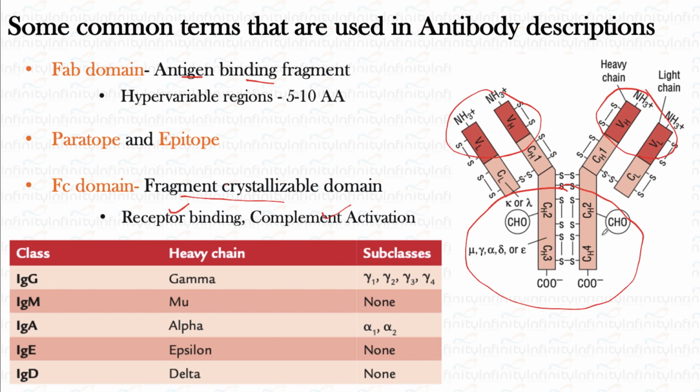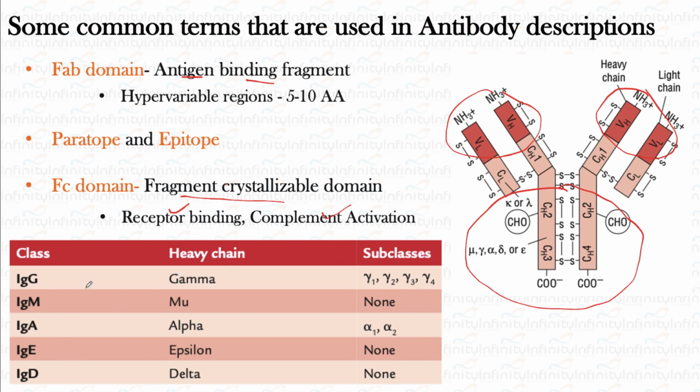Now, there are 5 different types of heavy chain domains or Fc domains, and they are gamma, mu, alpha, epsilon, and delta. And which heavy chain domain is present in an antibody decides whether that antibody is IgG, IgM, IgA, IgE, or IgD. Got it?